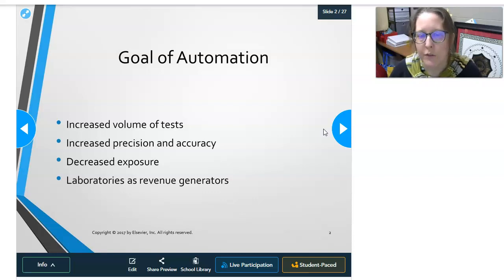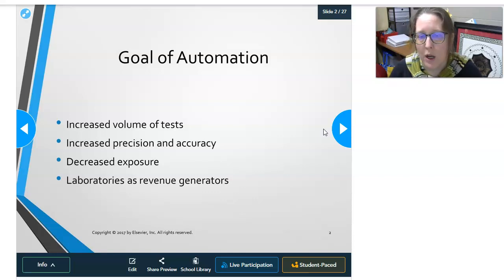And so one of the first phases of testing that was automated is the analyzers, the analytical phase, so that we can get these high volume tests done as physicians were ordering them more and more.